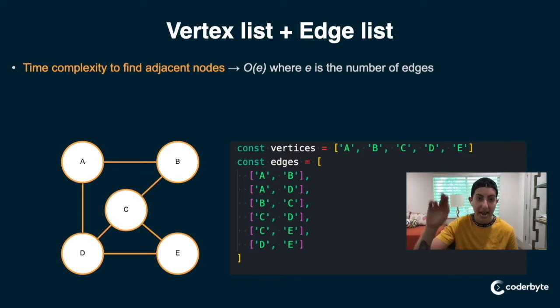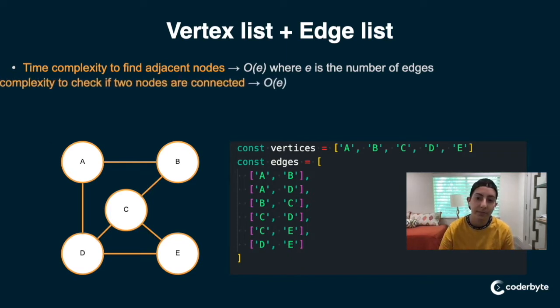Yes, add that to my list of adjacent nodes. No, skip it. So it's not even your worst case. In every single case, you'd have to loop through all of the connections to check, is my node in this connection? Is my node a part of this pair? Okay, so that is the time complexity to find the adjacent nodes.